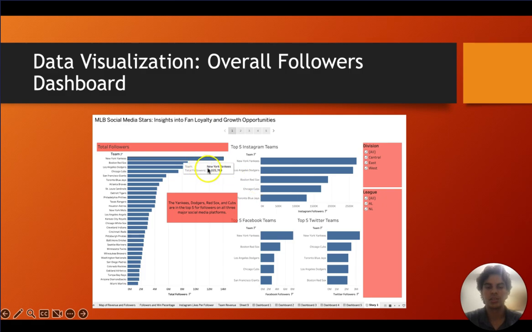And then you can also see right here, the New York Yankees are blowing everyone out of the water, just because of how big of a brand they are already compared to all the other teams. Their 27 championships are really giving them a lead in the follower count.